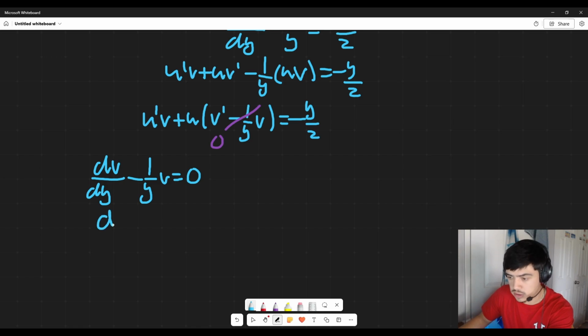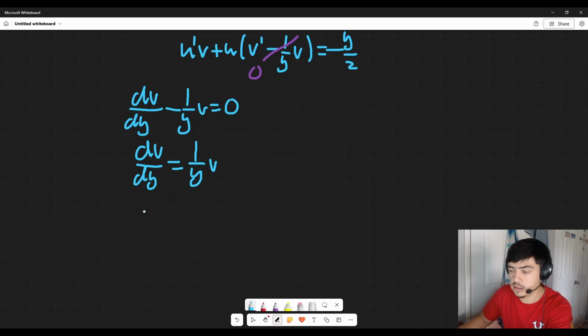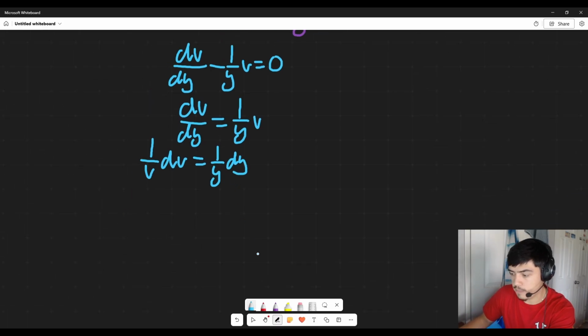Separable differential equation again, right? We like these because they're easy. So now, getting the v and the y's on different sides, we divide by v and multiply by dy. So we get 1 over v dv equals 1 over y dy.